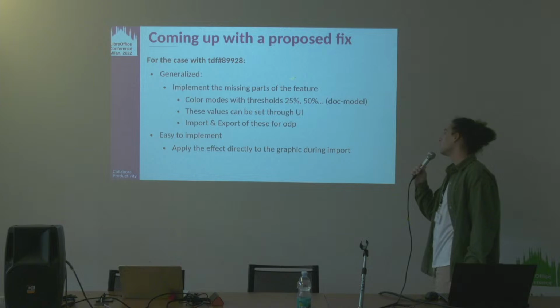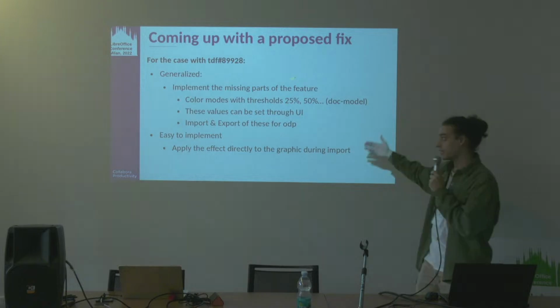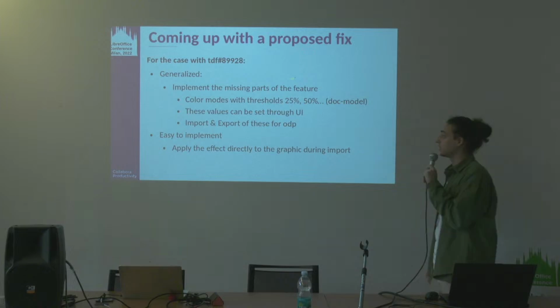Now we have two options here. We can go the generalized way, which should be the best way to do it, and implement the missing parts of the feature, then import, then export, then for ODP and other formats. But this is relatively hard to do, and if this feature isn't that important, it doesn't make sense to go through this.